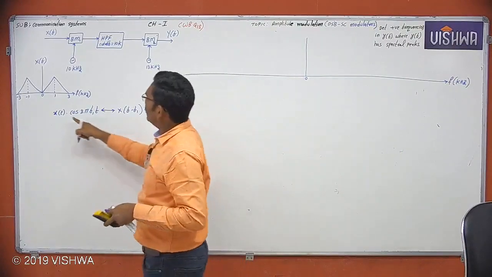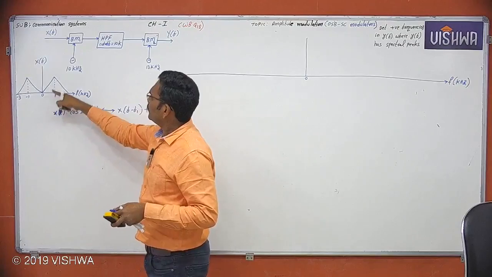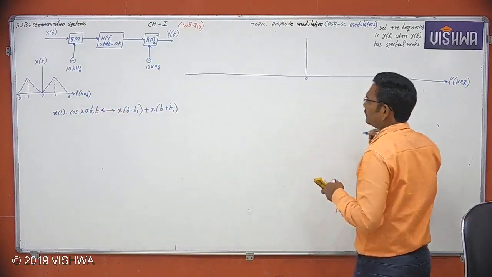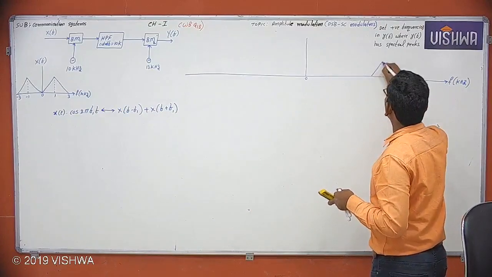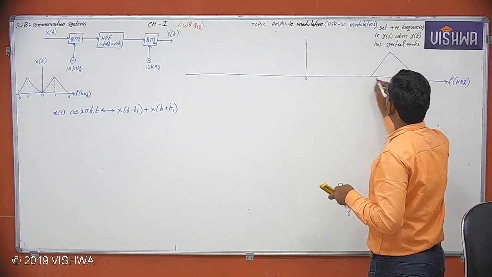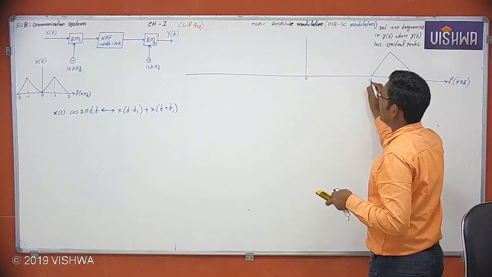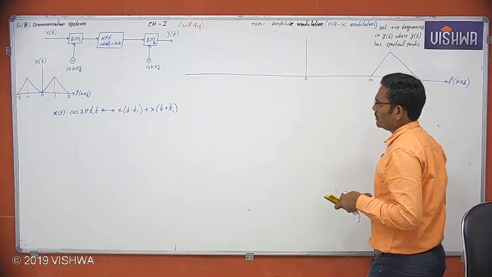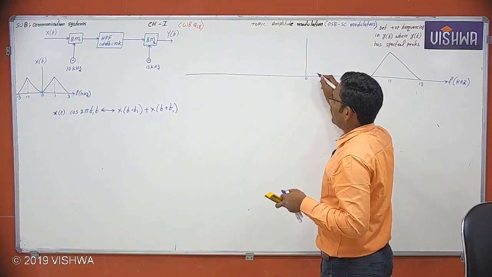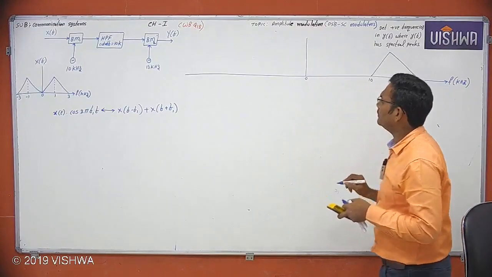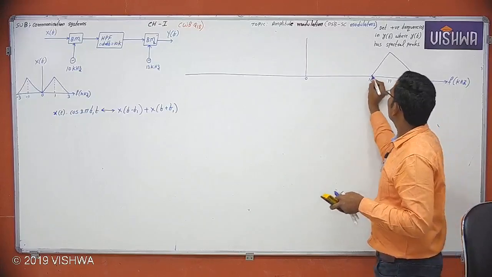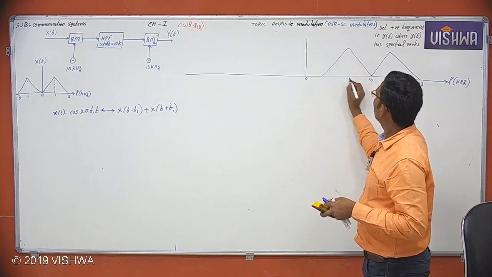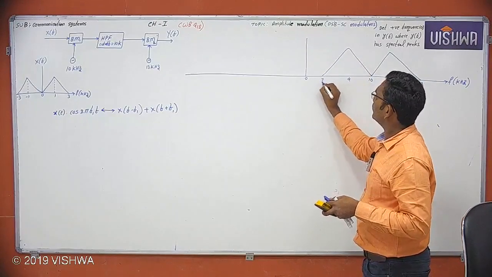Now this x of f is shifted to 10 kilohertz. This 0 is at 10 kilohertz. Now this is 11 kilohertz. This is 13 kilohertz. Therefore that 0 is at 10. Now 9 kilohertz, 7 kilohertz.